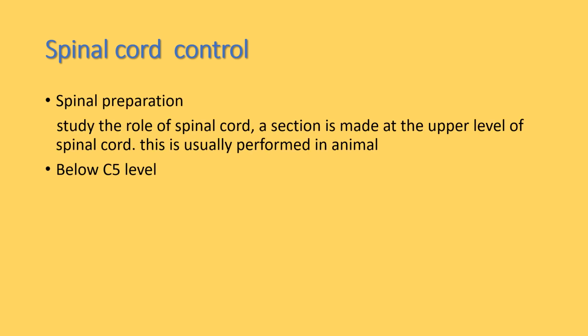To demonstrate the importance of the spinal cord in posture and movement, we have to make spinal preparations. We make a lesion at the upper part of the spinal cord, usually in experimental animals like cat and dog, below the level of the C5 cervical cord, because below C5 the cardiorespiratory systems are intact.